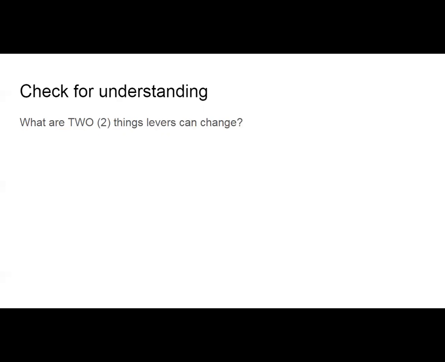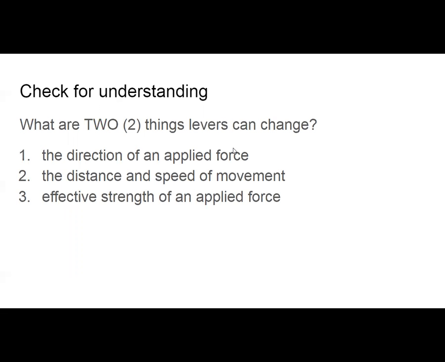Effective strength of an applied force. Speed of movement, direction, and what? Direction of the applied force. So it can change the direction of the applied force, the strength of the applied force, and the distance and speed of movement.